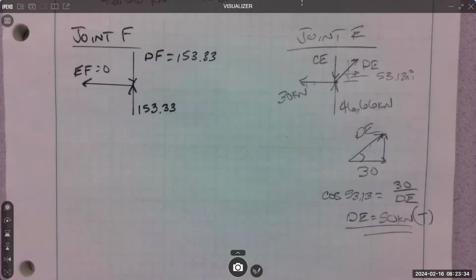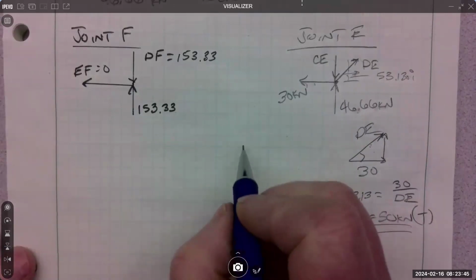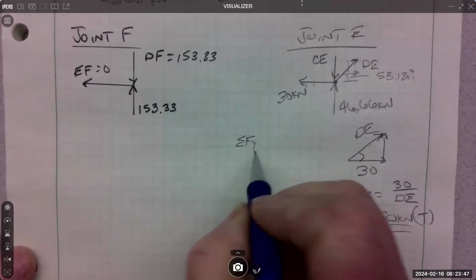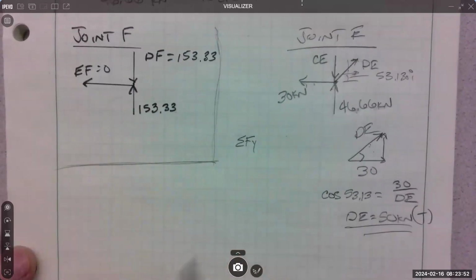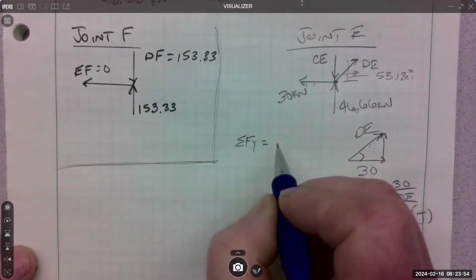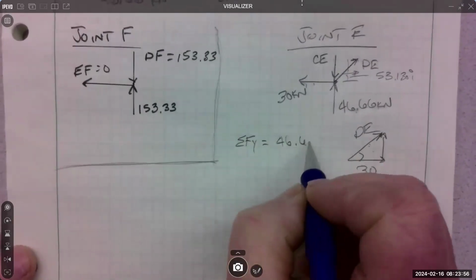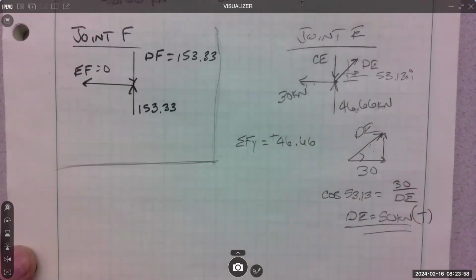And now how do I get CE? Sum forces in the Y. So if I sum forces in the Y, I'm going to have 46.66 going up.